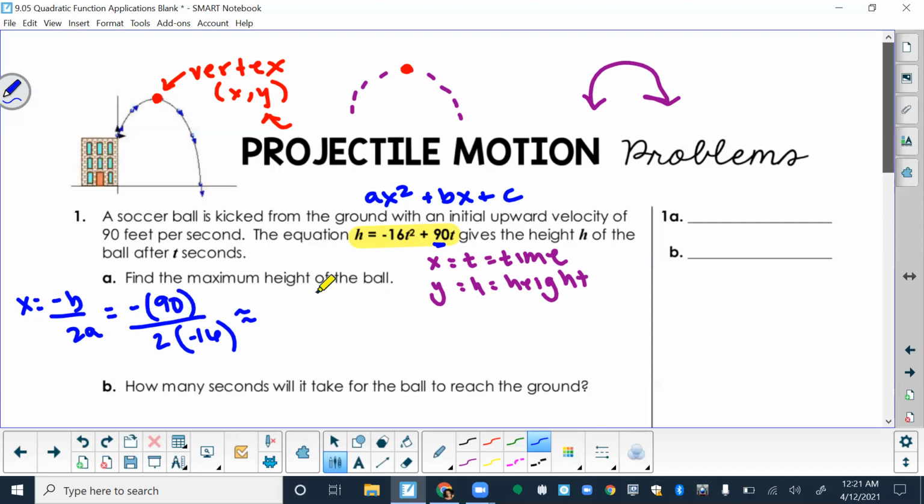So I plug this into my calculator and I get an answer that is about 2.81. That's what these squiggly lines mean, that I rounded this number and it's about 2.81. So with this x value, I'm going to plug it into my given equation, and that will give me the y value. So I have y equals, or h equals, because remember, this is our little key here.